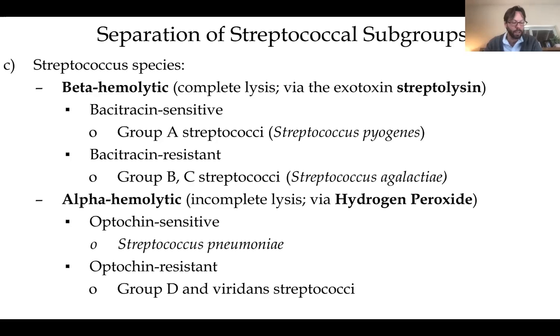It doesn't lyse the hemoglobin per se, it lyses the red blood cells. The beta hemolytic category is going to be sensitive to a medication called bacitracin. Alpha hemolytic groups are going to be sensitive to optochin.